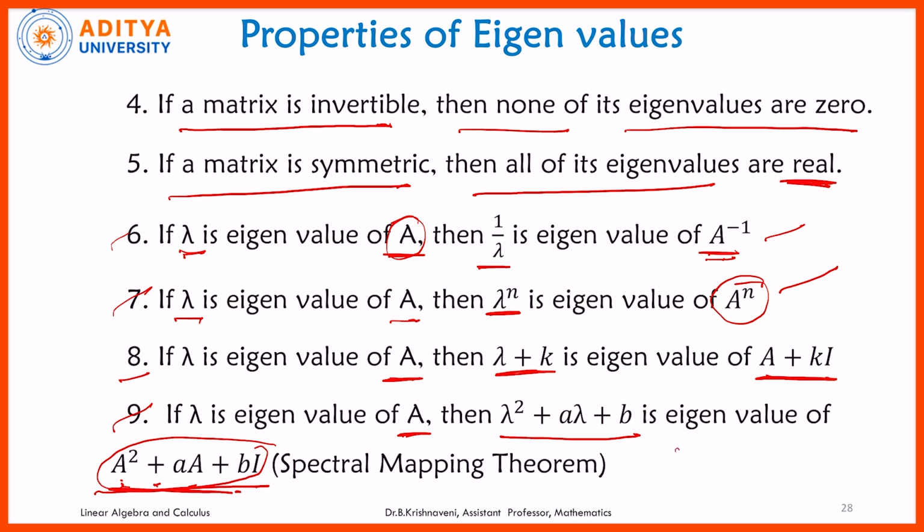Which means if you substitute A with lambda, that becomes the eigenvalue for this polynomial. So if lambda is an eigenvalue of A, then f of lambda is an eigenvalue of f of A, where f of A represents a polynomial in A. That gives the ninth property.